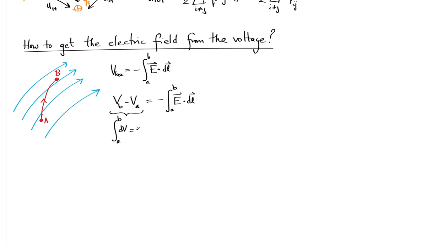That's sort of the definition of an integral. So this would be VB minus VA. And that's going to equal minus, and actually what I'll do is I'll bring the minus inside the integral. So it's VB minus VA, and that's just going to be this over here. So it's the integral from A to B of minus E dot dl.